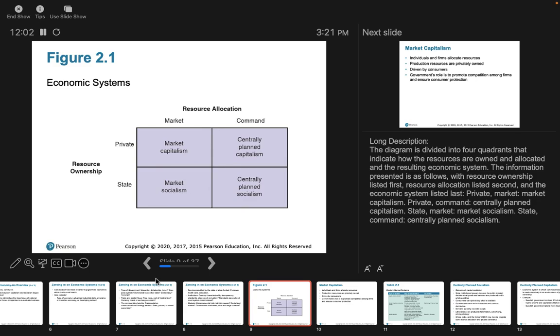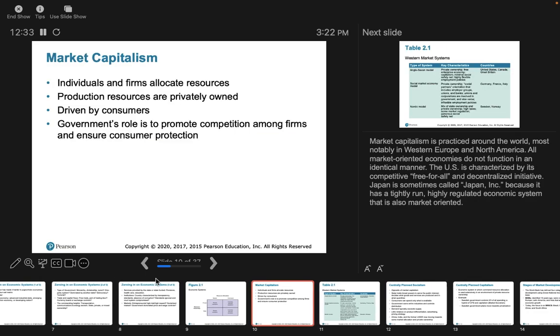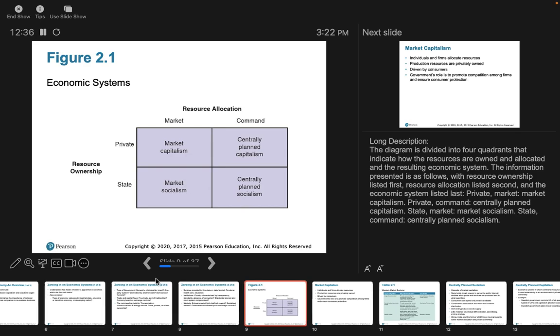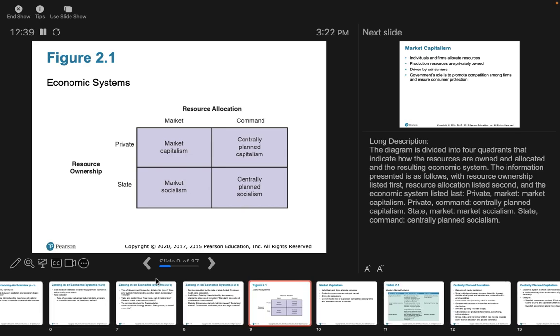And in some parts of the world, in some countries, the state dominates the resource ownership and resource allocation, and some is a mixed kind of method where both the private and the state have controlled command over it. Then we're going to look at each aspect of it, which is the market capitalism, the centrally planned capitalism, the market socialism, and centrally planned socialism.